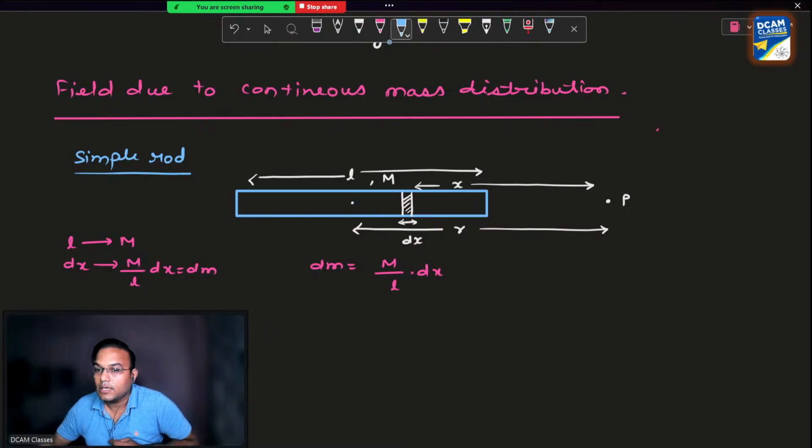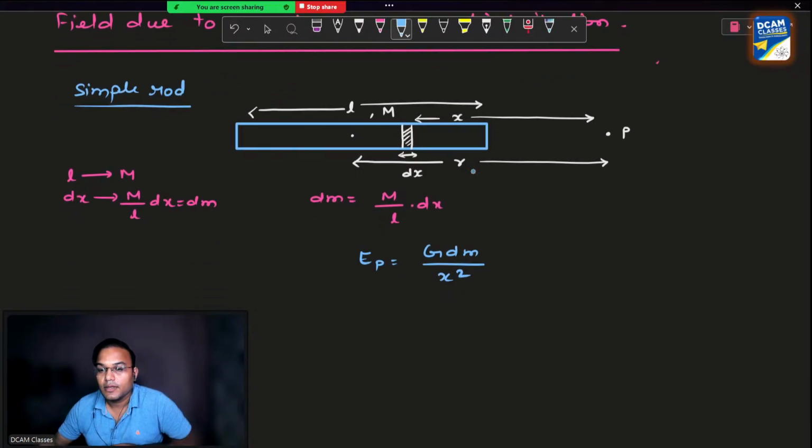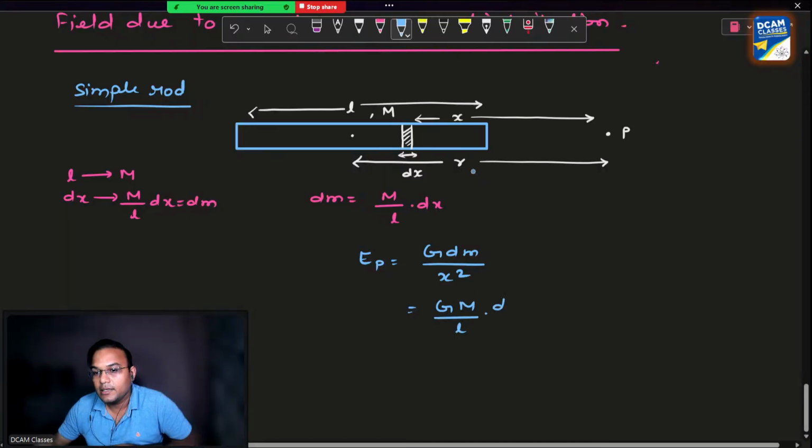So now due to this mass dm, what's the field at P? It will be G dm by x square, which is G M by L dx by x square.